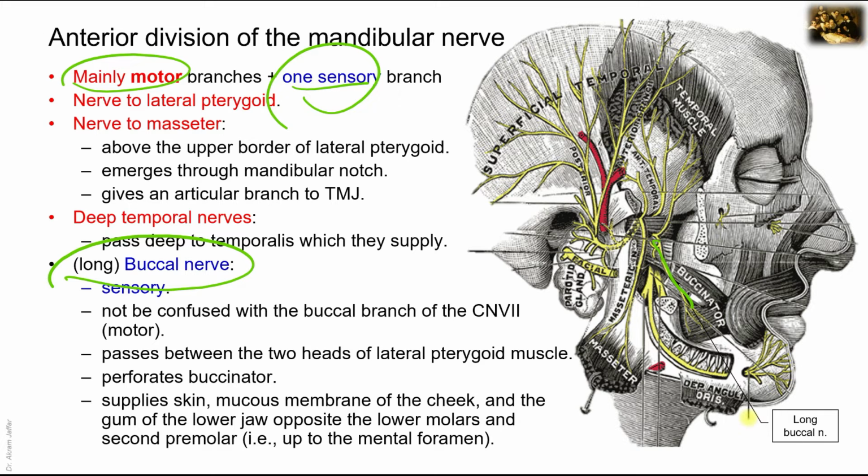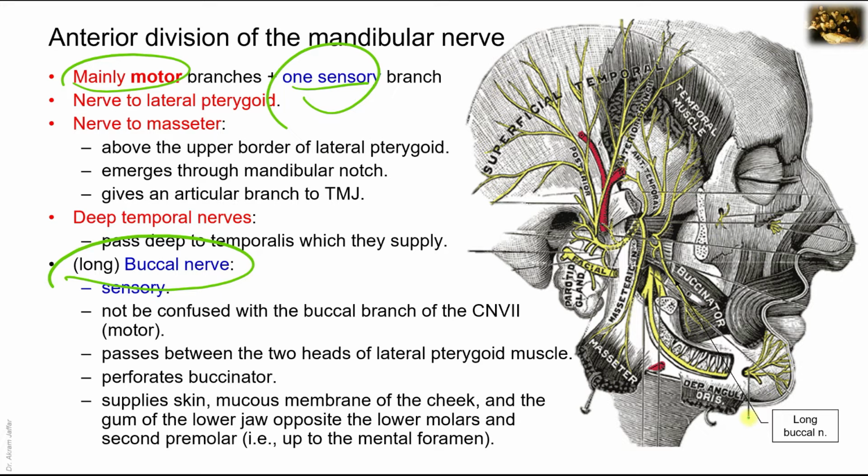It reaches the buccinator. It supplies the skin over the buccinator, the skin of the cheek, and some of the fibers pass through the buccinator muscle. You can see here the duct of the mandibular gland also passes through buccinator.